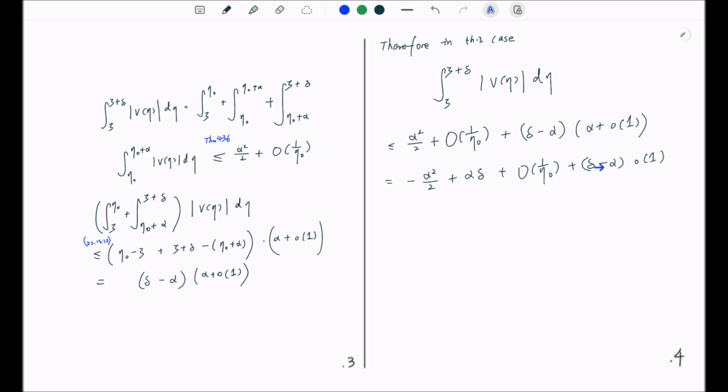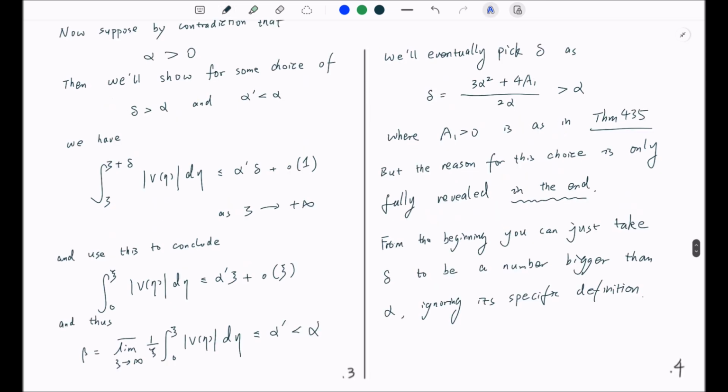But as I stated at the beginning, the choice of delta will be bigger than alpha. So this part is really bounded by delta times little o of 1. And moreover, this delta is a fixed absolute constant. Alpha is actually an absolute constant.